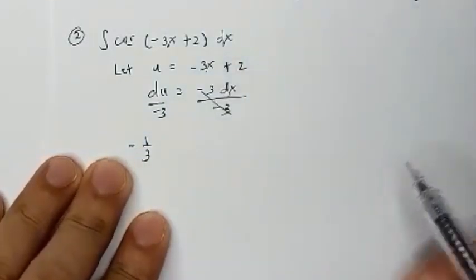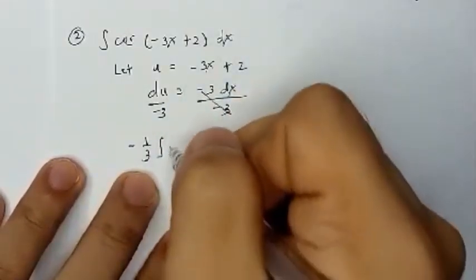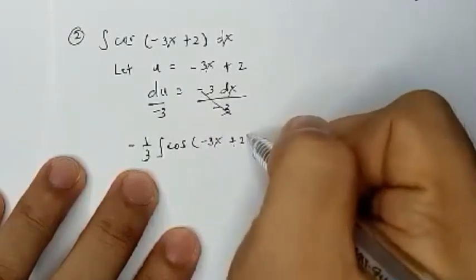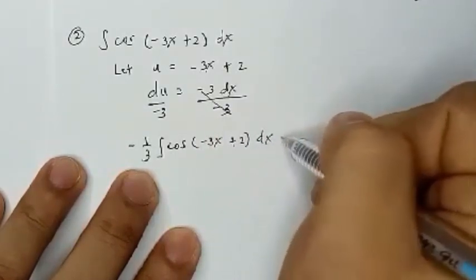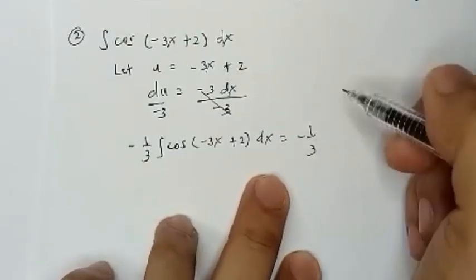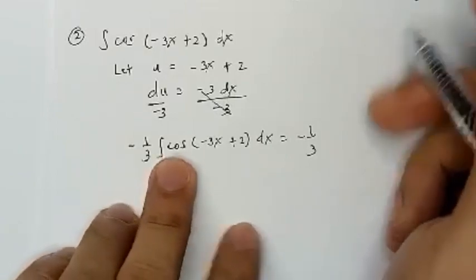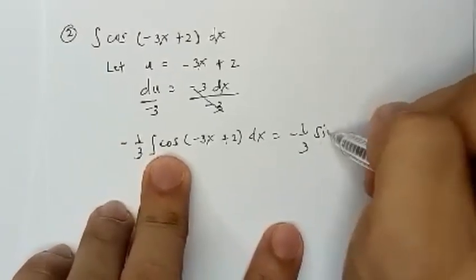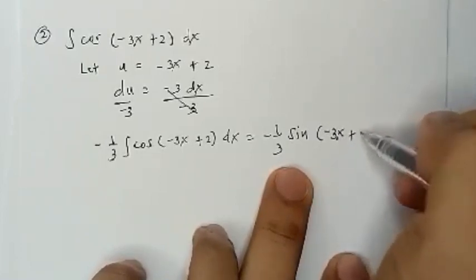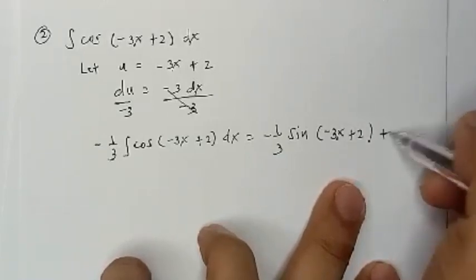With that negative 1/3, of course, we are now ready to get the indefinite integral of cosine quantity negative 3x plus 2 dx equals, we have negative 1/3. And then, of course, our integral of cosine is simply sine. So we have sine quantity negative 3x plus 2, and of course, plus c.